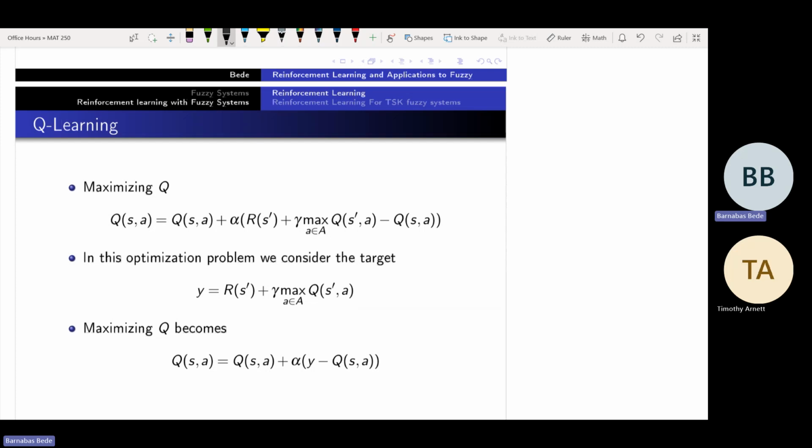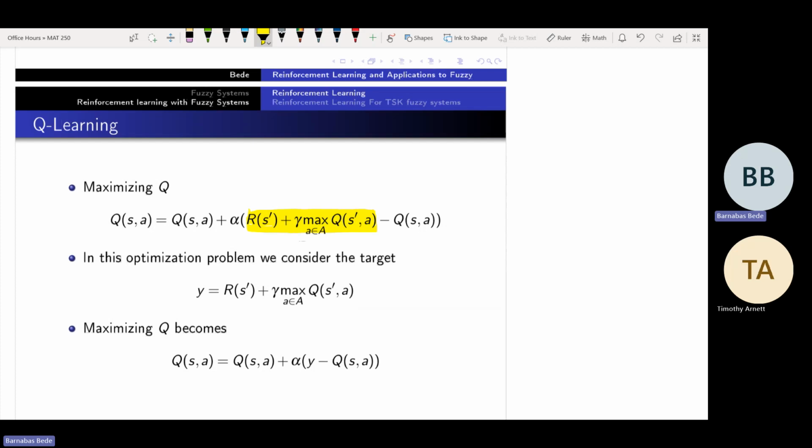Assuming that I already know this one, I can then optimize my parameters based on this. This optimization problem breaks down into two parts. We will have a target network, so this will be the target part, and the current network will try to reach the target network.